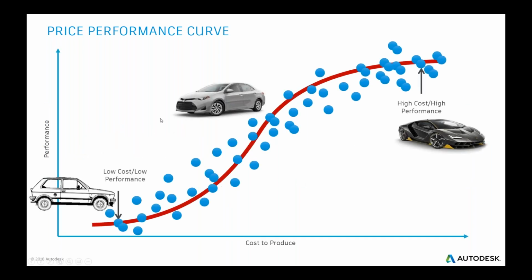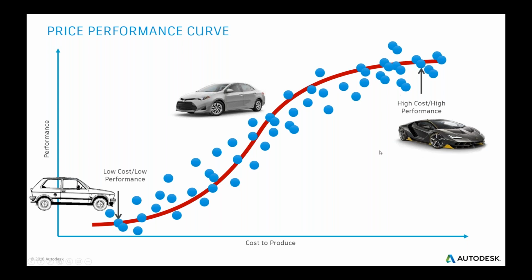So let's lay it out again in terms of a transportation analogy. Look at something that everybody can be familiar with, right? Instead of a part that might be unique to something that I've seen or a part that you've seen, we're all familiar with cars, right? And we know that if we look at the performance and cost to produce, you can spend very little on a car, or at the other end of the spectrum, you can spend a whole lot of money on a car, and there's a lot of choices in between there.